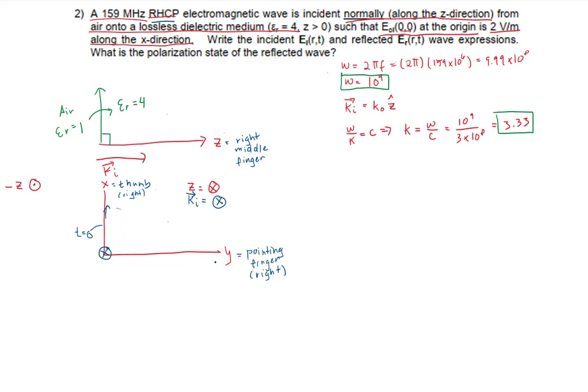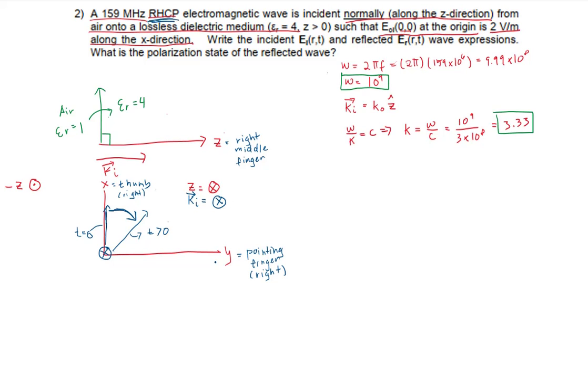If we've done it correctly, with the right hand and our thumb into the page, it should be curling this way, and this is our t greater than 0. So again, from here, going here. And that is what this information is telling us.